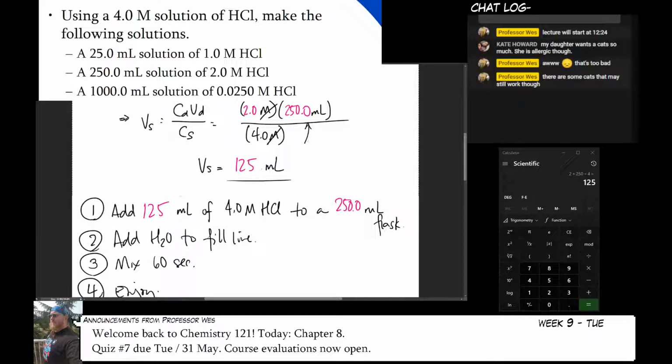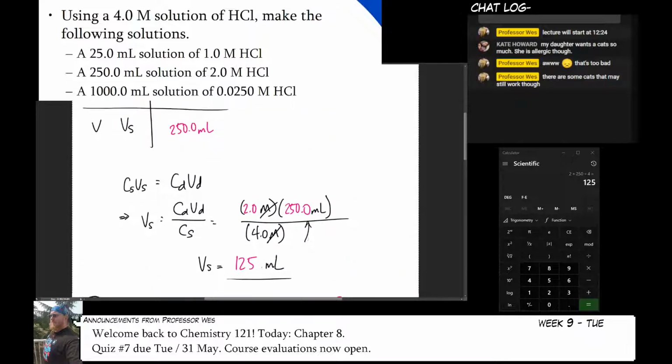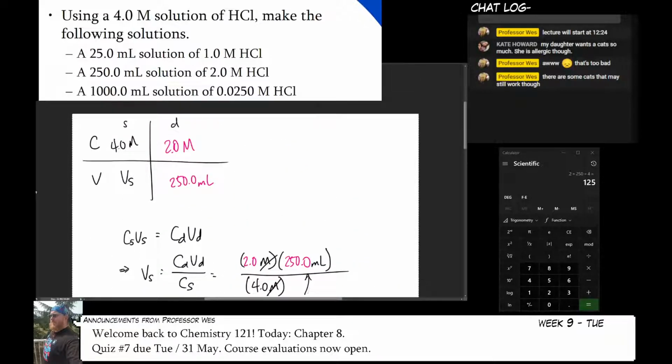Now, when you do the calculation for 1,000 milliliters and 0.0250, that table's going to look like this. We're going to save some time here and fill in the table. So I need 1,000 milliliters, and I need that molarity.